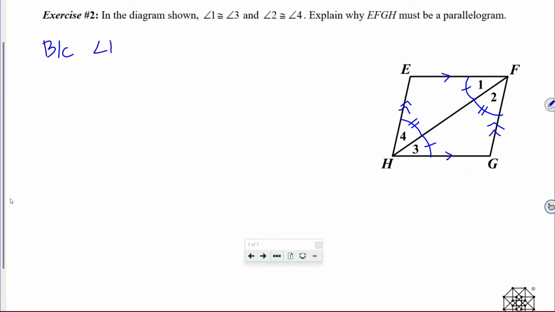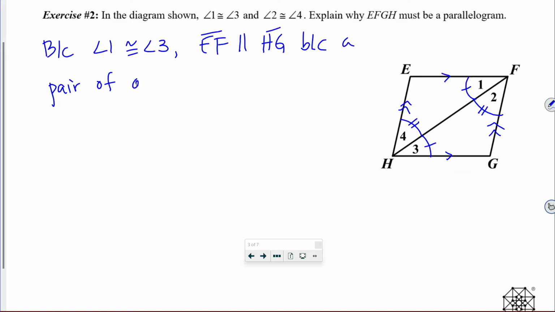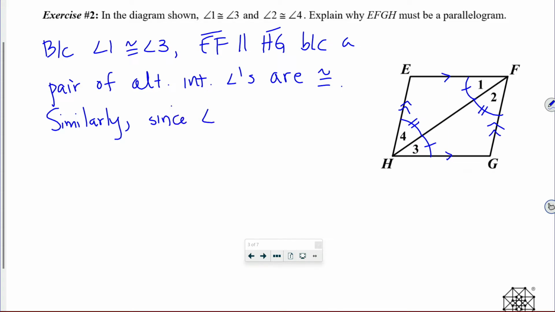Because angle 1 is congruent to angle 3, EF is parallel to HG because a pair of alternate interior angles are congruent. Similarly, since angle 2 is congruent to angle 4, EH must be parallel to FG.